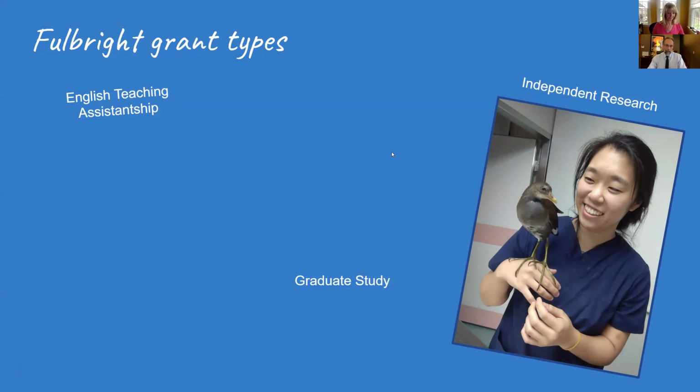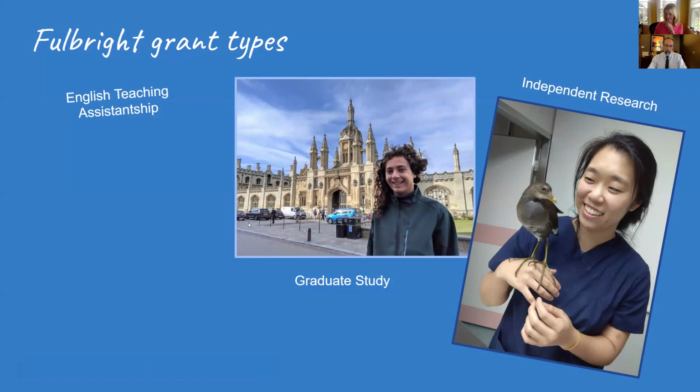The second main type of Fulbright awards are graduate study grants. These are awards for students who are hoping to enroll in graduate degree programs, or at least in some university program for a certificate or maybe a second BA or something. And these are specific to countries.